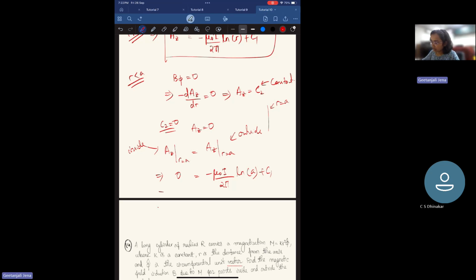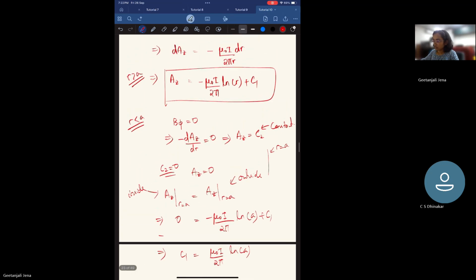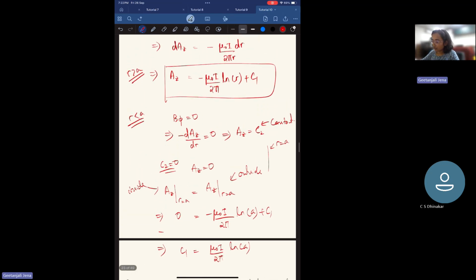So that means C1 is mu naught I by 2 pi ln a. Put the value of C1 here. So for the inside Az is 0, and for the outside you will get mu naught I by 2 pi ln a by r.